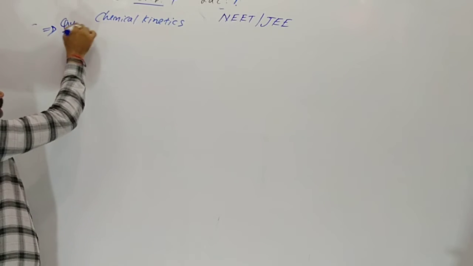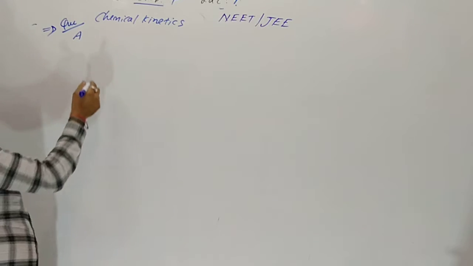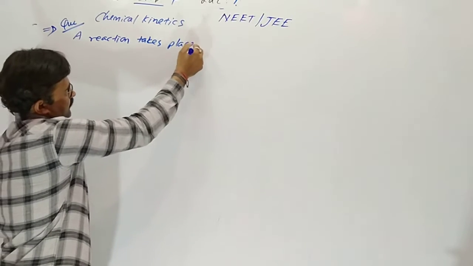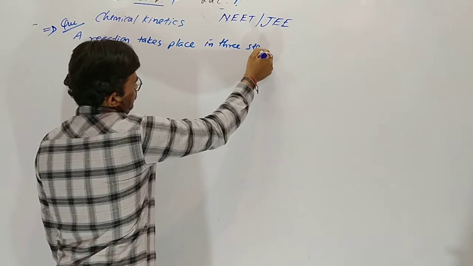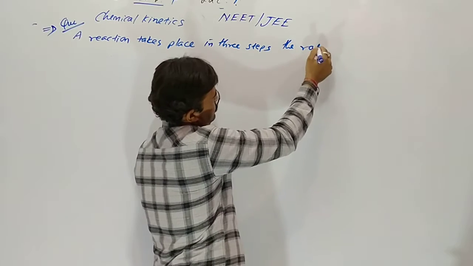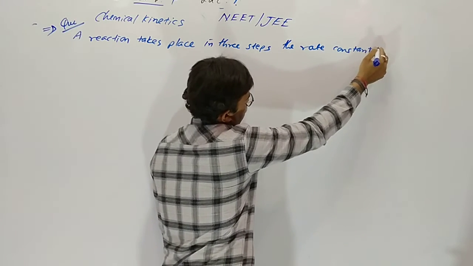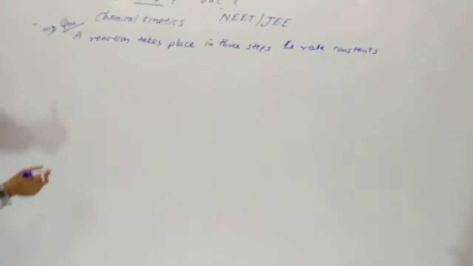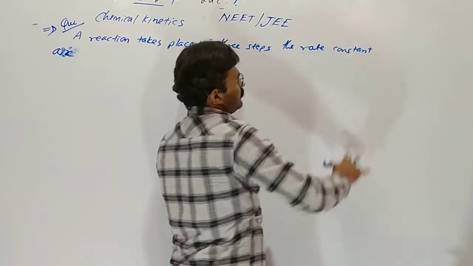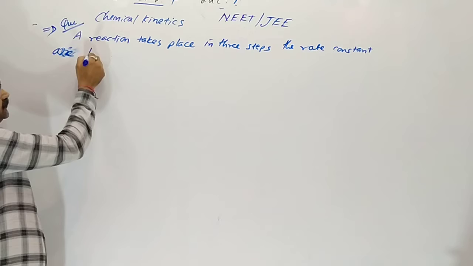A reaction takes place in 3 steps. One reaction occurs in 3 steps. The rate constants are K1, K2 and K3.